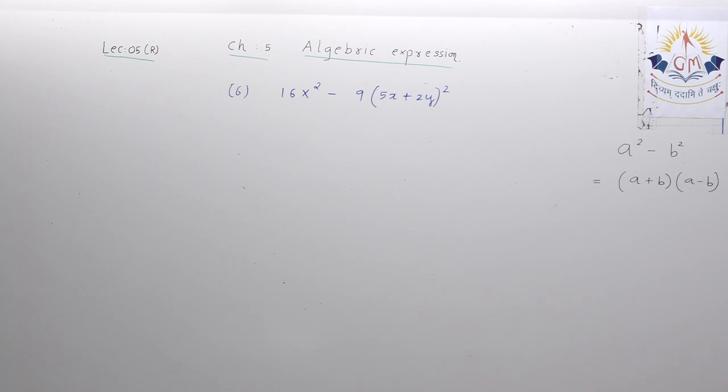Up to the last step means if you get any like terms in the last, then you have to solve this. This is what I mean to say. Understood?